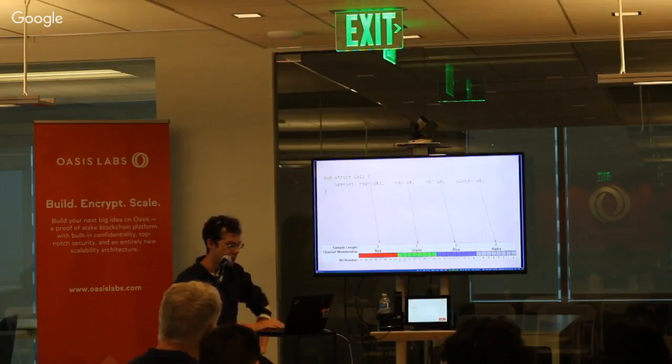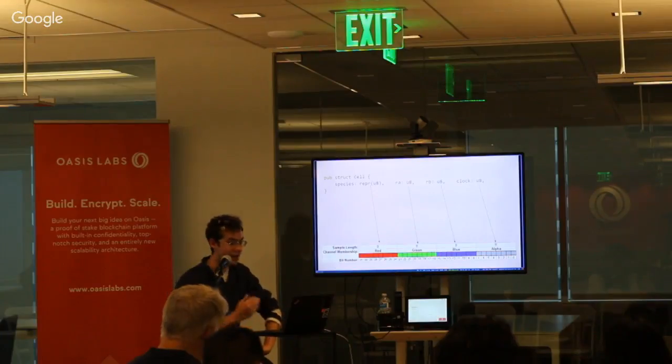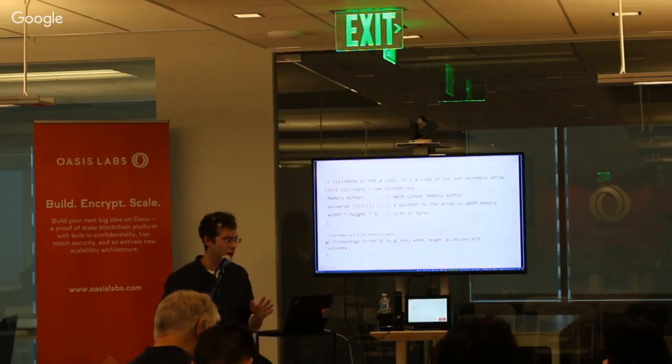WebGL is kind of picky about what shape data you can send it. It doesn't want you to necessarily send floats or other things. This is the most well supported data type in WebGL for bitmaps. And so the fact that my game data happens to be a 4-byte bitmap is really convenient, because I don't have to do any kind of transformation in order to send it and render it.